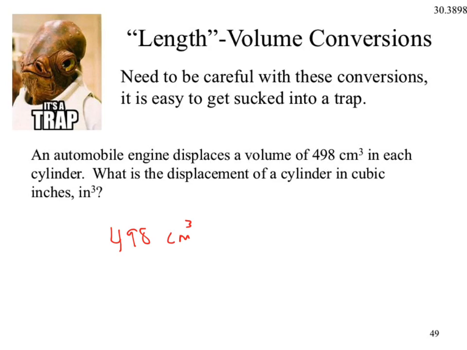Every other conversion is valid. This one does not receive credit. I don't know what that cubed is meaning. Add parentheses, you get credit. Do it 3 times, I'm not going to write it again, you get credit. Okay, make sense?